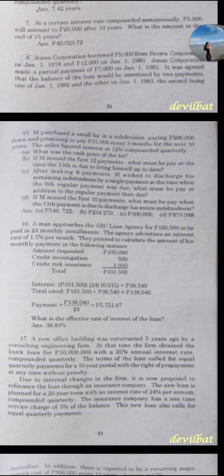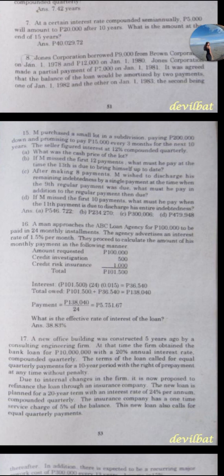Number 17: a new office building was constructed 5 years ago by a consulting engineering firm. At the time, the firm obtained a bank loan for 10 million with a 20% annual interest rate compounded quarterly. The term of the loan called for equal quarterly payments for a 10-year period, with the right of payment at any time without penalty.